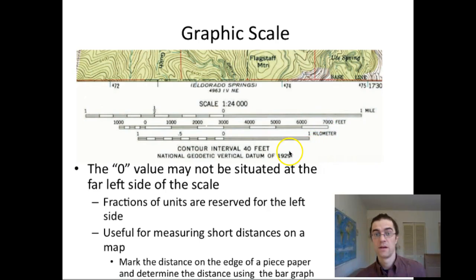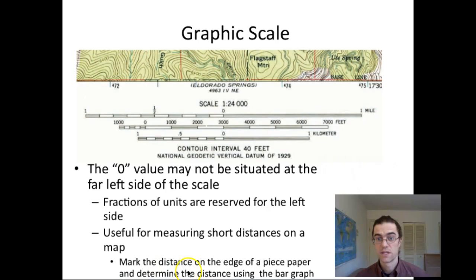And then exemplifying what we showed in the previous slide, here's kilometers as well. Again, with 1 kilometer indicated to the right of the 0 and another kilometer to the left. And as it says here, fractions of units are reserved for the left side. It's useful for measuring short distances on a map, those fractions of units, smaller intervals.